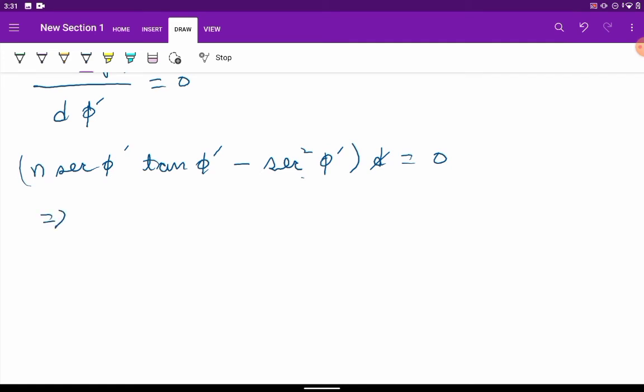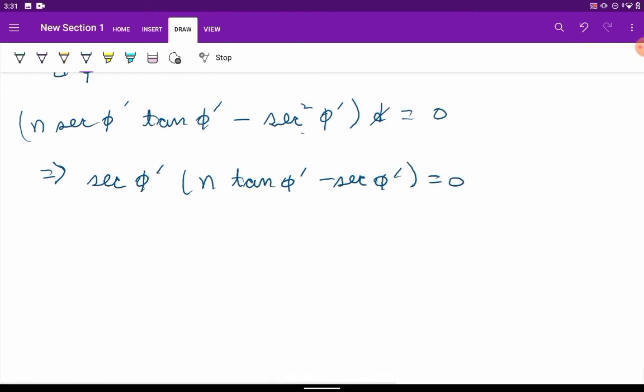So we'll just take out secant phi dash. Secant phi dash into n tan phi dash minus secant phi dash equal to 0. All right. So secant phi dash equal to 0 can't happen, because secant phi dash is basically 1 by cos phi dash, which means that the value can never be between -1 and 1.